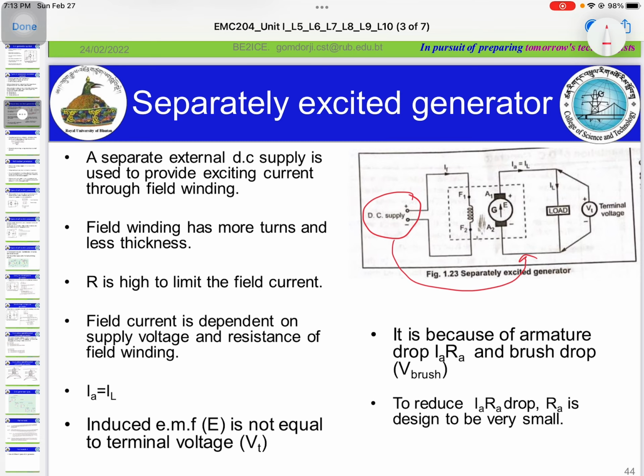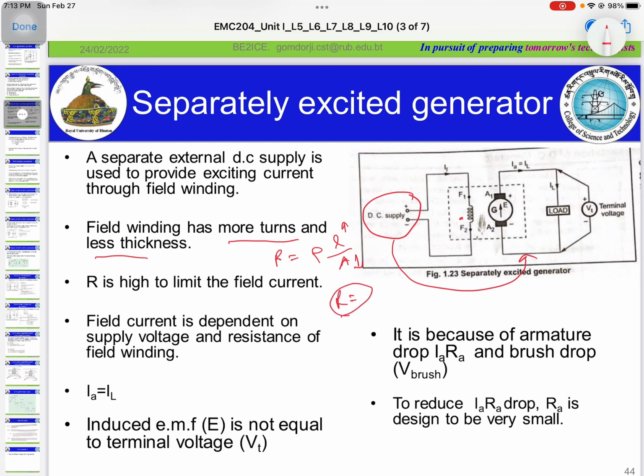So this DC supply is provided to the field to produce the magnetic field. Now the nature of the field winding is that it has more number of turns and less thickness. The logic here is that R is equal to rho L by A. When you increase the length and reduce the area, your R will be more.